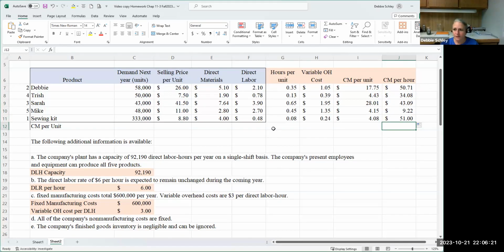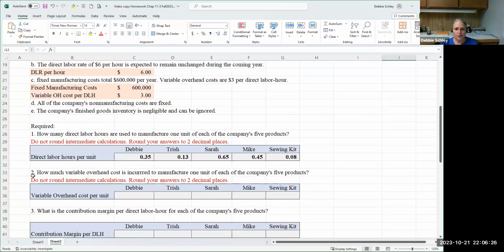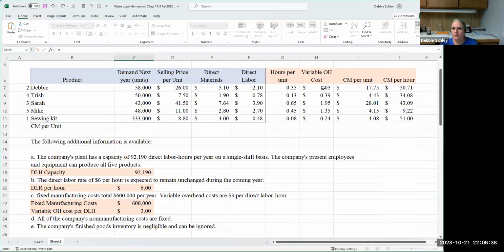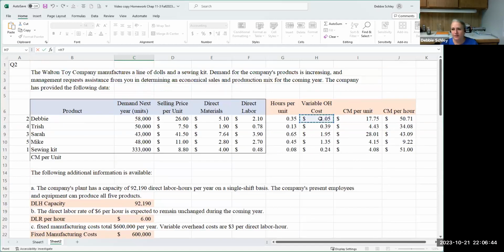Okay, so let's go down and see what we've answered. Question 2, how much variable overhead cost is incurred to manufacture 1 unit of each of the company's 5 products? So yes, we filled that in up here. Variable overhead cost, right there.